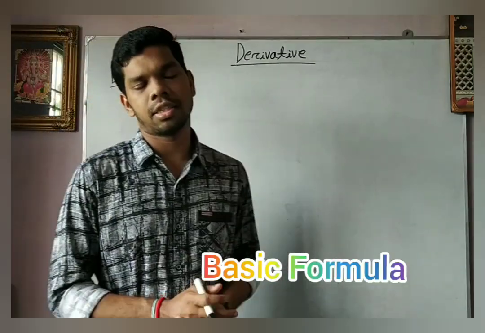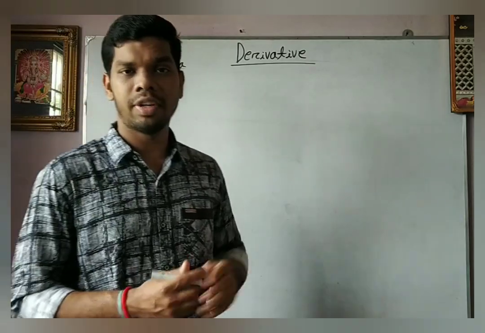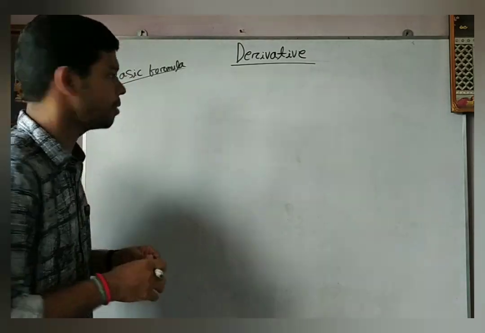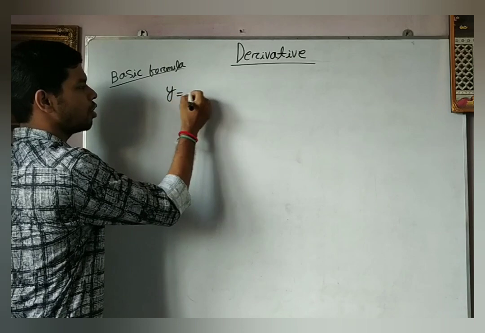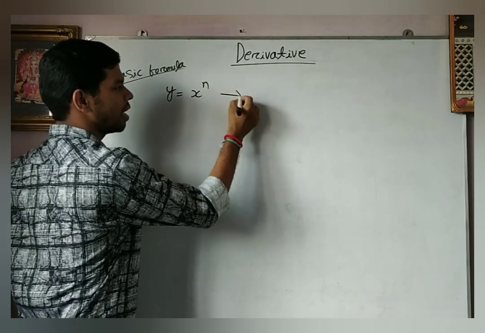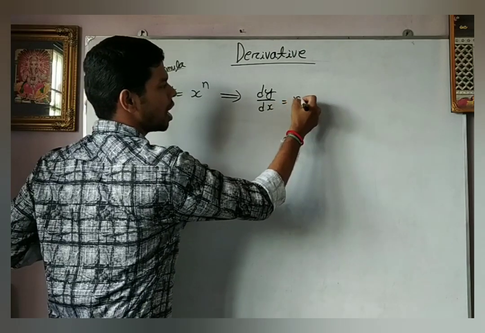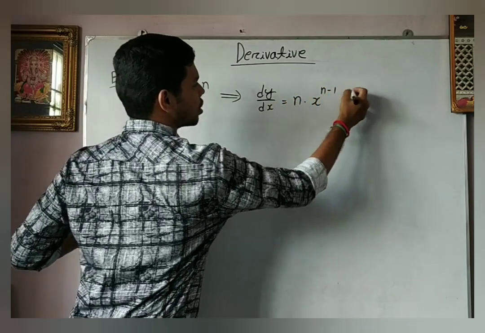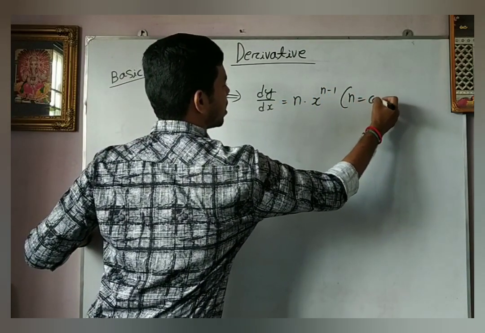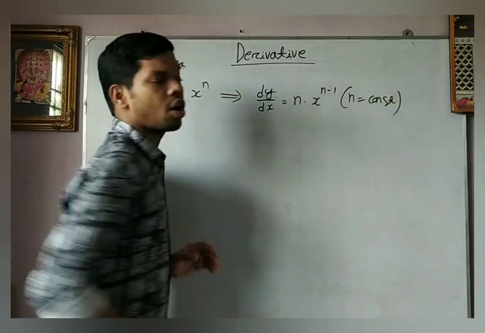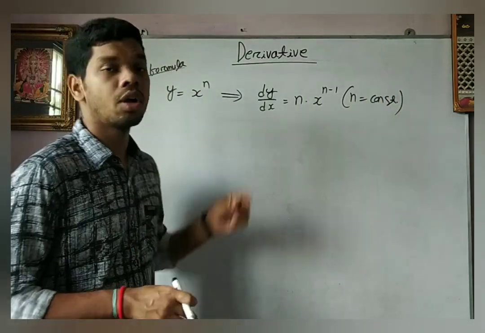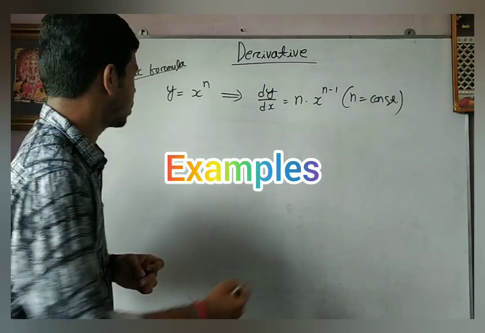Now let's discuss some basic formulas of derivatives. First formula: let y equal to x to power n, and the derivative of x to power n is equal to n times x to power n minus 1, where n is a constant. Now I will give you some examples.